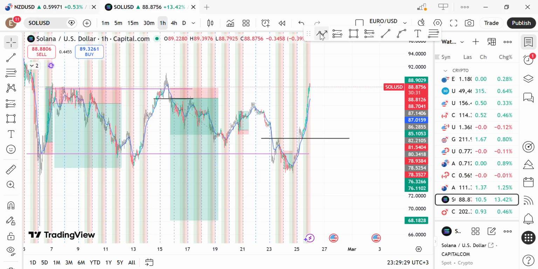So it did what it did. Broke this low, lower high. Broke it here, corrected. It's buying up. So ideally, I didn't take this trade.